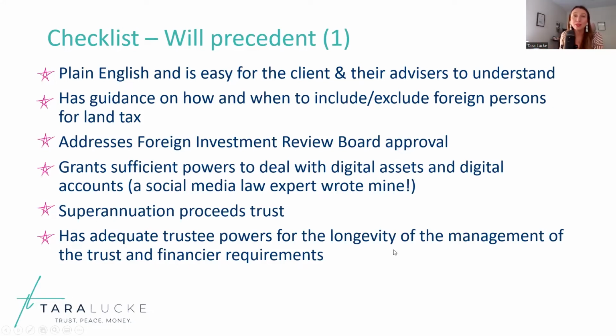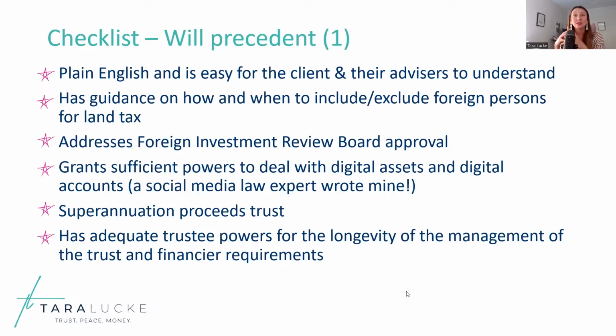The super proceeds trust is where you want a beneficiary who should have received the super tax-free if they'd received it directly. That's usually a surviving spouse or minor children under 25 who are dependent, or just under 18. If they were going to receive that super directly from the super fund with no tax, then we want to make sure that even if they receive it through the testamentary trust, they don't pay any tax.